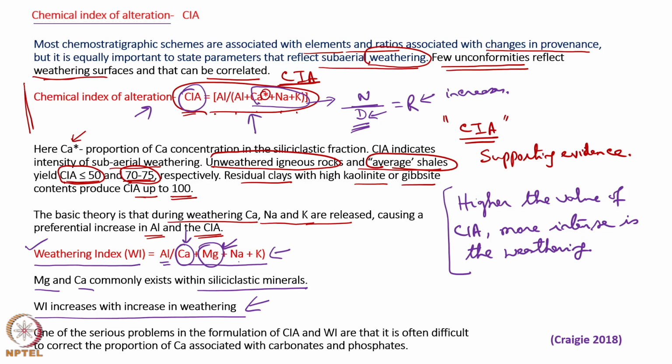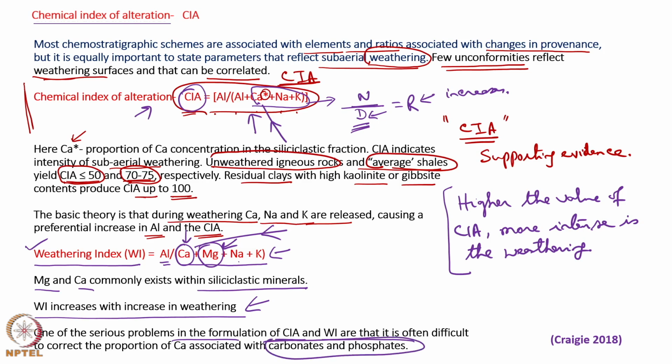One of the serious problems in the formulation of CIA and Wi is that it is often difficult to correct for the proportion of calcium associated with carbonates and phosphates. Although the term calcium is found in the definitions of CIA and Wi, finding out calcium associated with carbonates and phosphates in such rocks becomes most difficult.